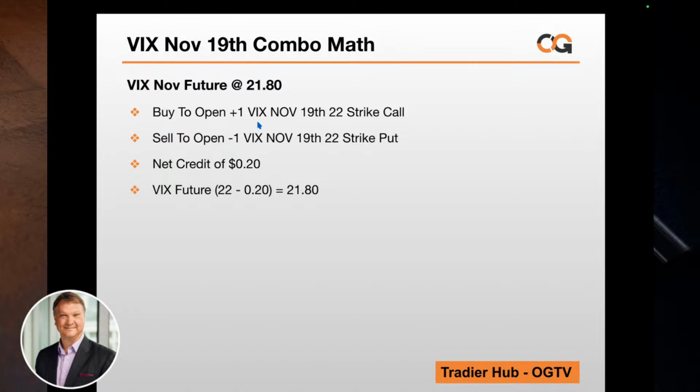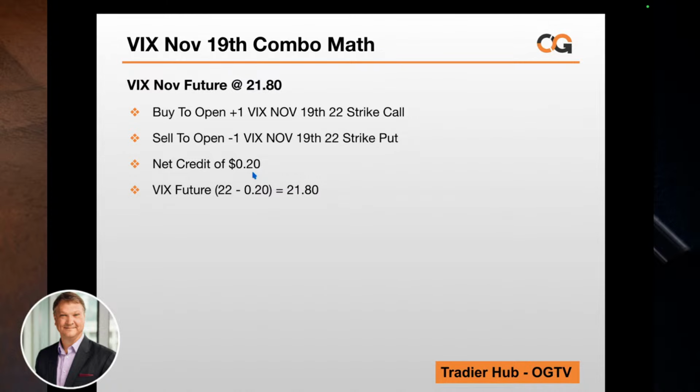If you did the combo, and this is the math for the combo, you bought the November 19th 22 strike calls and at the same time sold the November 19th 22 strike put, you could have got that done for a net credit of 20 cents. If it was a net debit of 20 cents, you would add it to the strike.